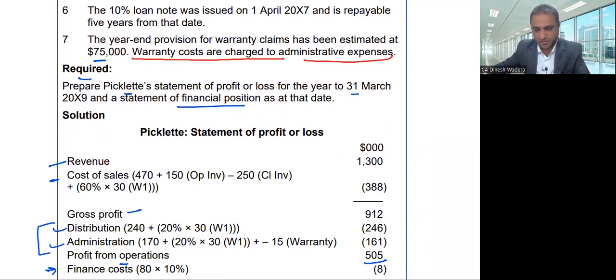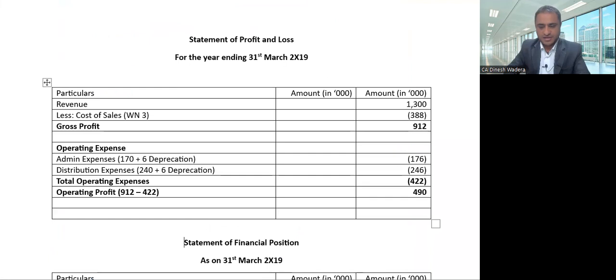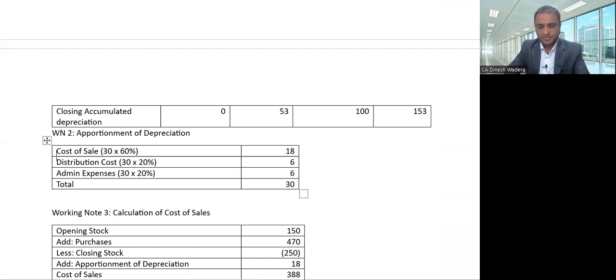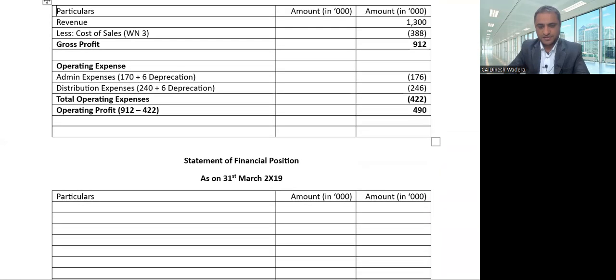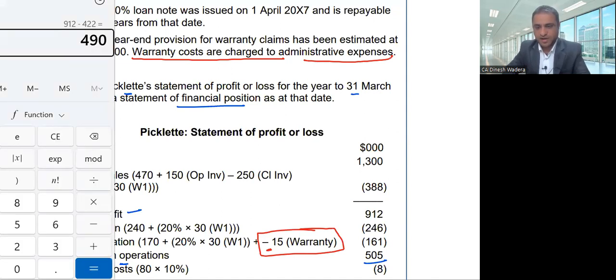And yes, they also considered it, but they have not added it here. They have subtracted it. Why? So let me tell. You'll have to make a note of this. First, let's make this adjustment. Minus 15 warranty. What's the warranty to the administrative expenses? Why am I subtracting 15?